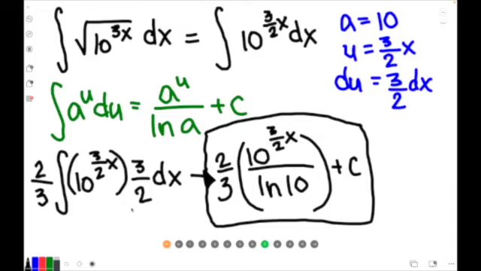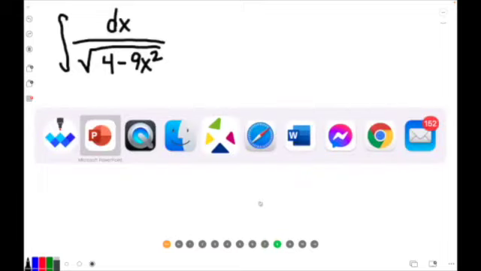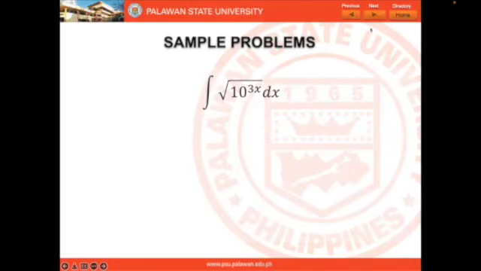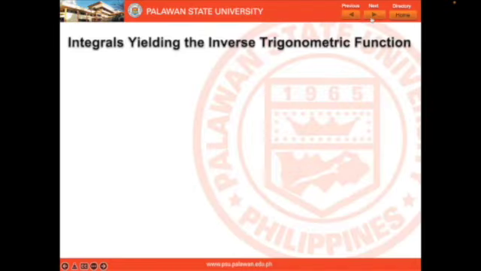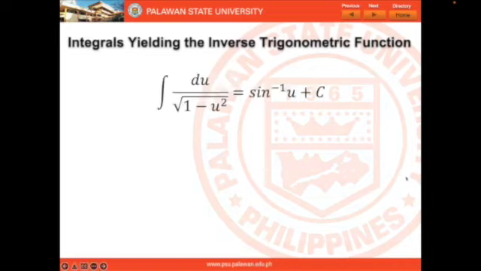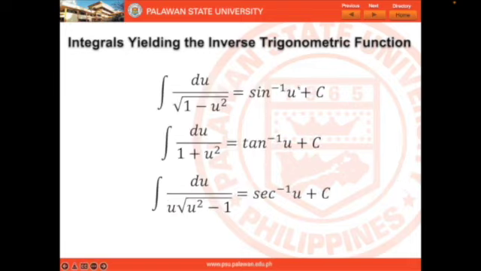So now let's proceed to the next lesson, which is to introduce integrals which yield inverse trigonometric functions. Again, these theorems and patterns are just listed here.